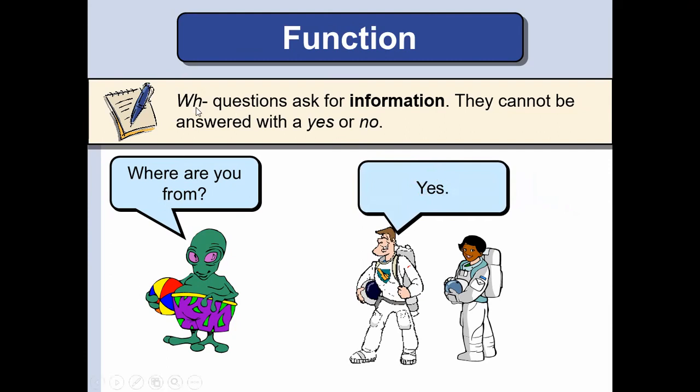When we have a WH question, we need to provide information. We cannot only say yes or no, because yes/no questions are a bit different, but a WH question will always look for information. We have to answer with information, not with yes or no.